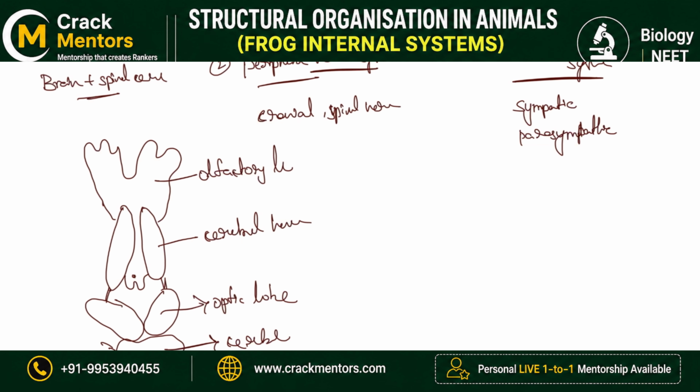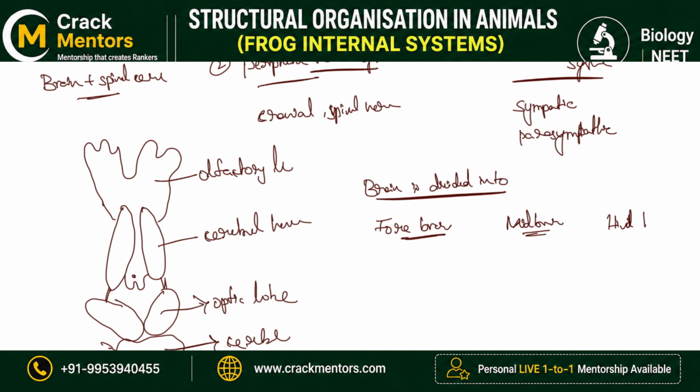Okay, see, the brain of frog is divided into forebrain, midbrain and hindbrain. Under forebrain, what do we have?